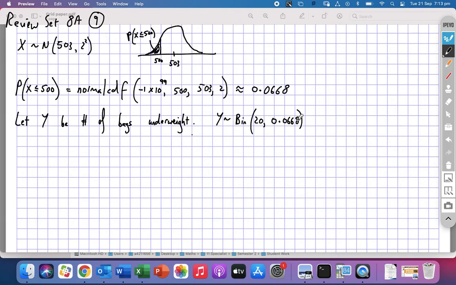Now, if we're looking at a binomial distribution that arises out of 20 trials, there's some probability that you get 20 bags and none of them are underweight, then probability that 1 is, now probability that 2 is, and so on and so on, all the way. There's a small probability that all 20 of the bags are underweight. Right? So we're on this binomial distribution when we start talking about selecting 20.